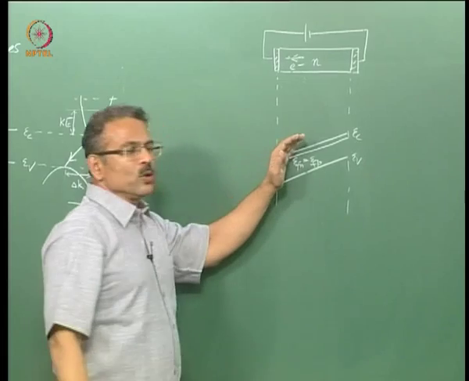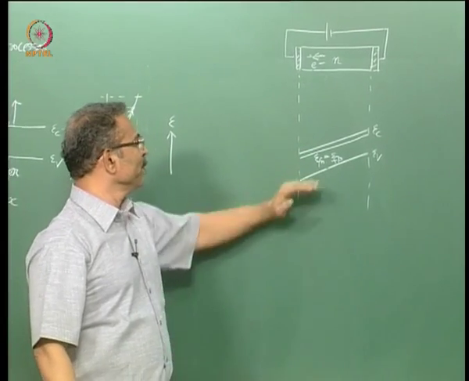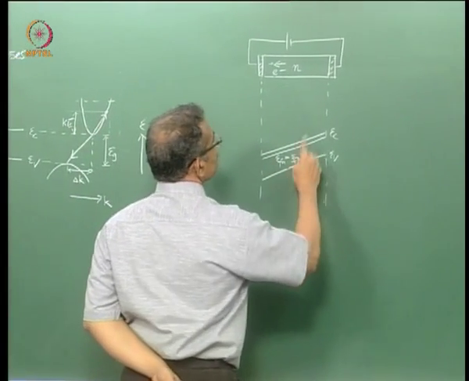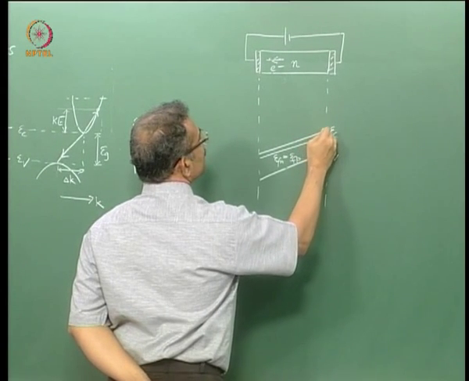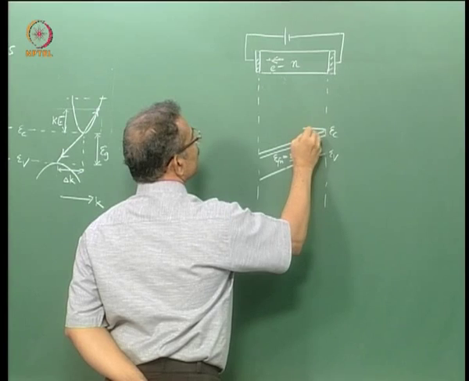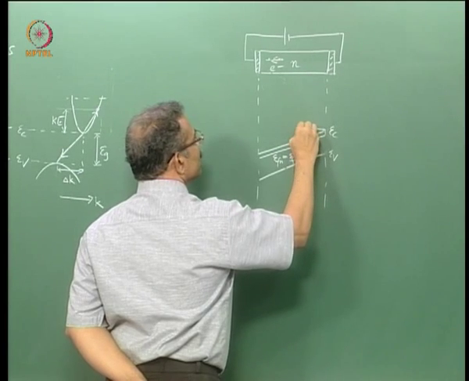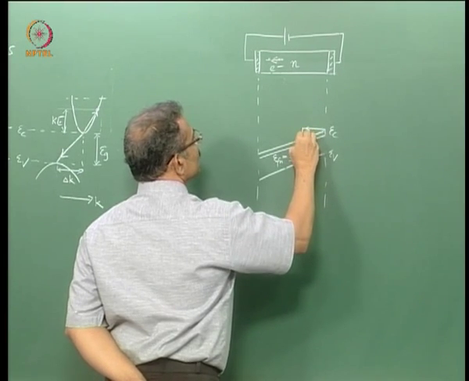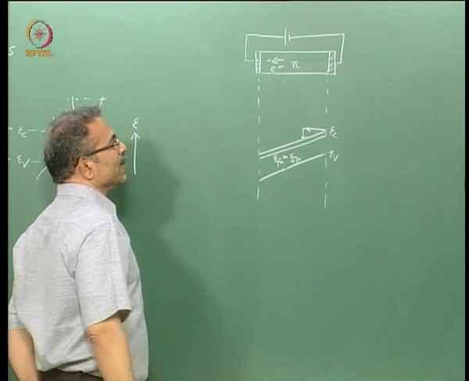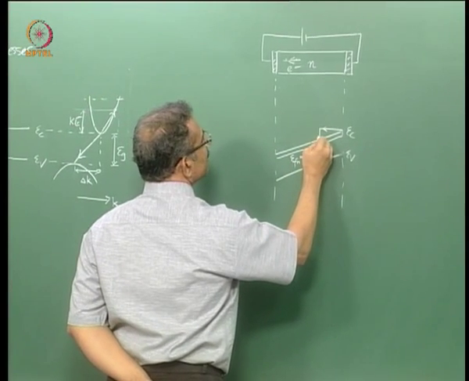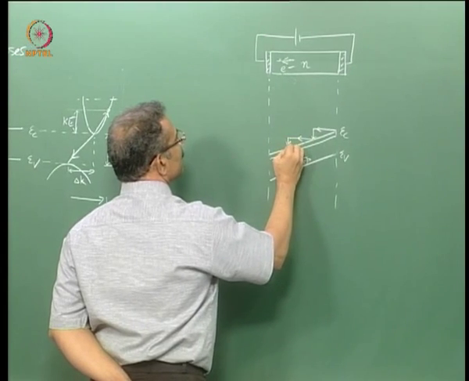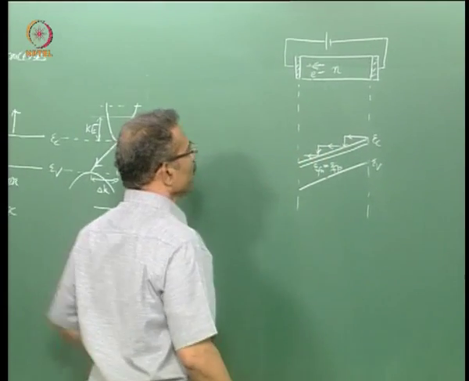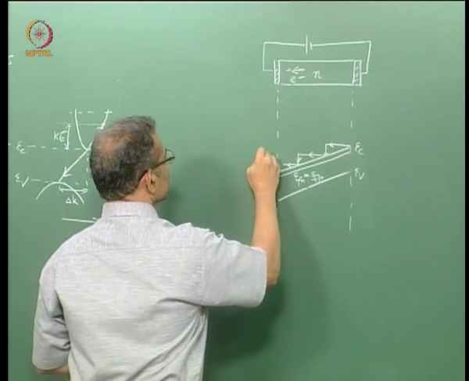Now whatever I show for electron, you can show a similar thing for holes yourself. So the electron will be starting from, let us say here, it will travel some distance and then it will encounter a collision or scattering, so its momentum will get randomized, velocity will get randomized, it will again start and then be scattered and so on. So this is the path of the electron on an Ex diagram.